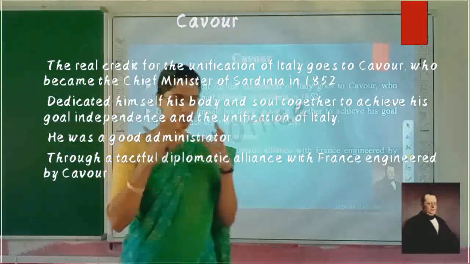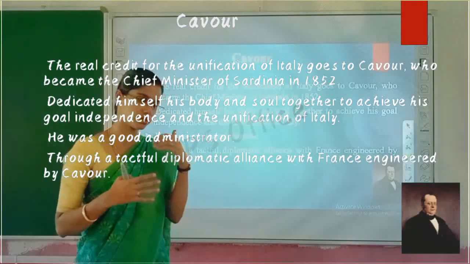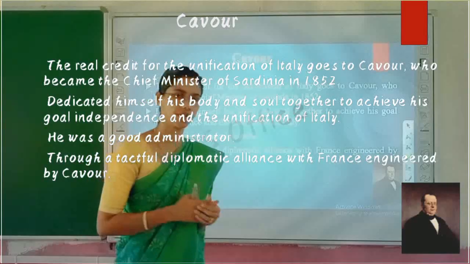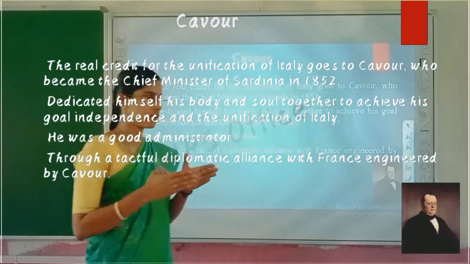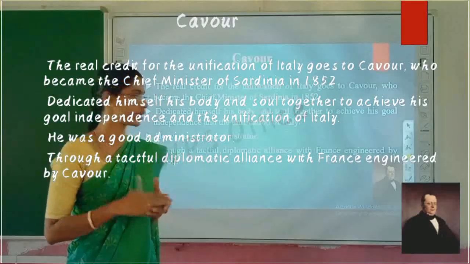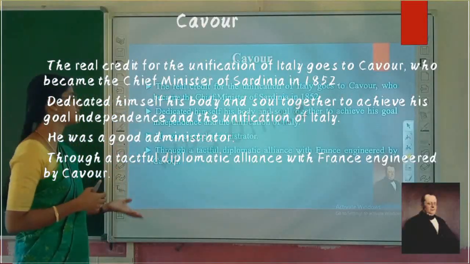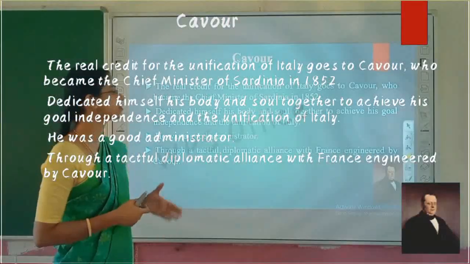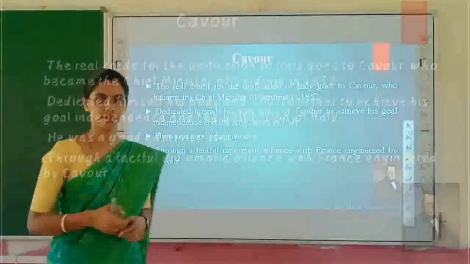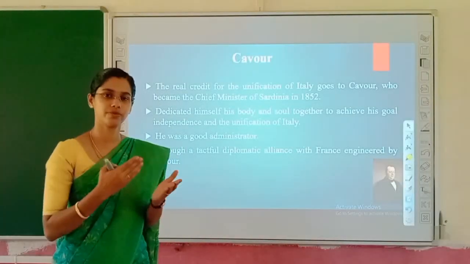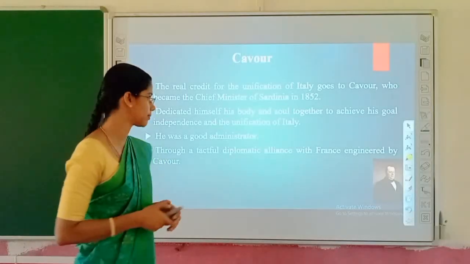That means his complete life was for the success of the unification process of Italy. He was also a good administrator, and the tactful diplomatic alliance with France engineered by Cavour was one of the main ways for the unification of Italy.